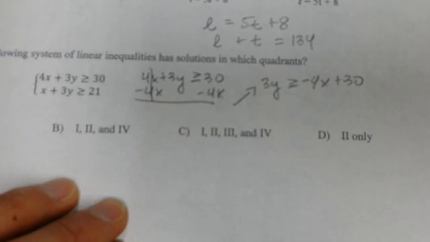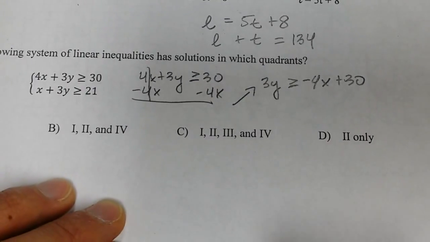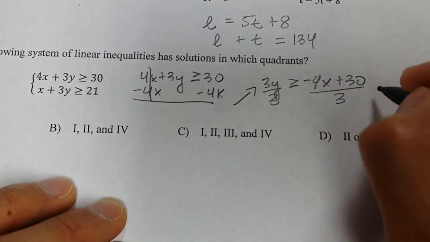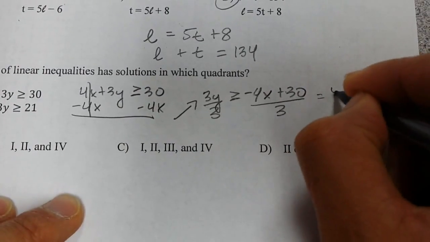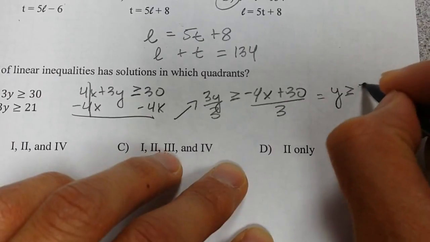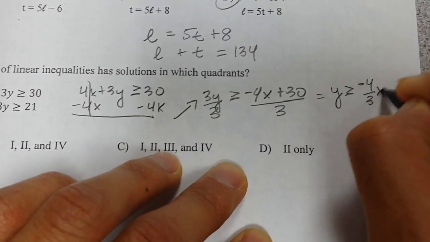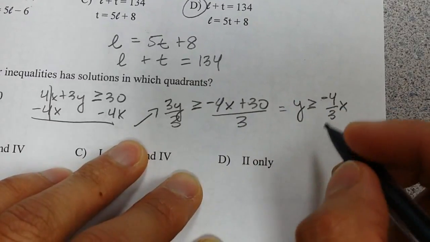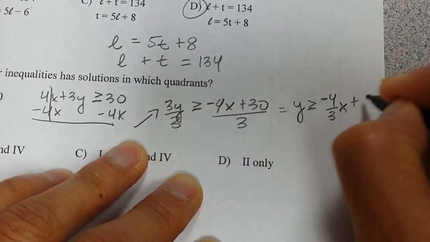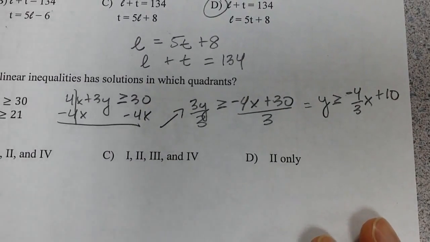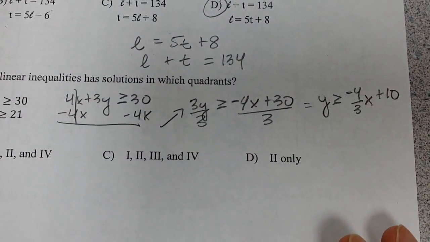Now, if I divide both sides by 3, I get y greater or equal to negative 4 over 3x, and 30 divided by 3 is 10. So that's my first equation rewritten.